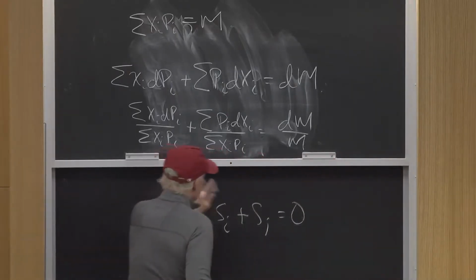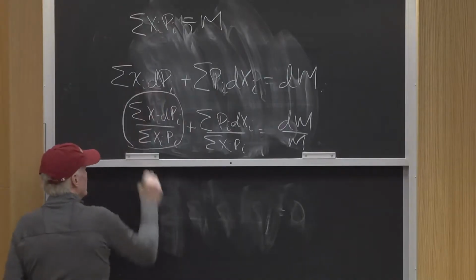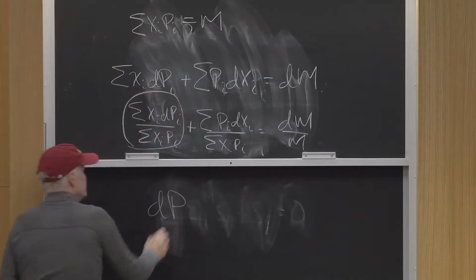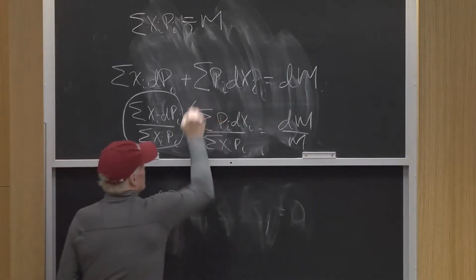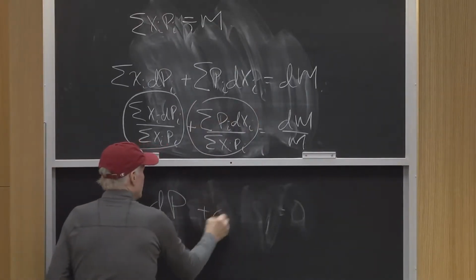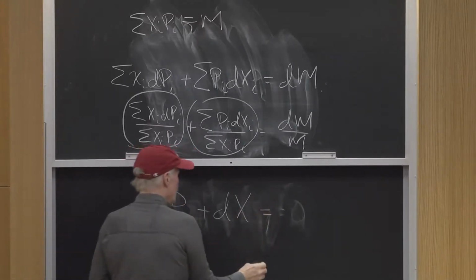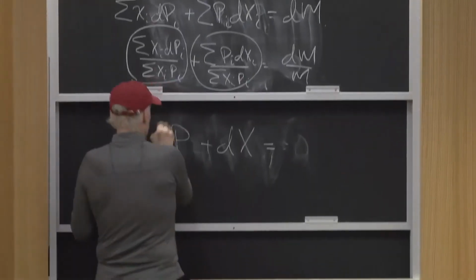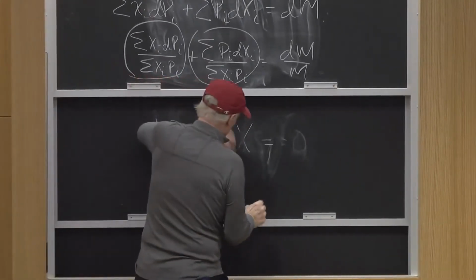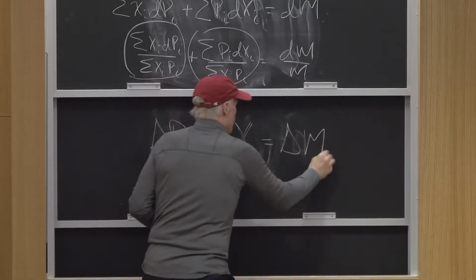And what I want to say, I'm going to call this dp, that's the change in prices. And I'm going to call this term here dx, and equals percentage change. I'm going to make a delta. It's percentage change. Delta p plus delta x equals delta m.